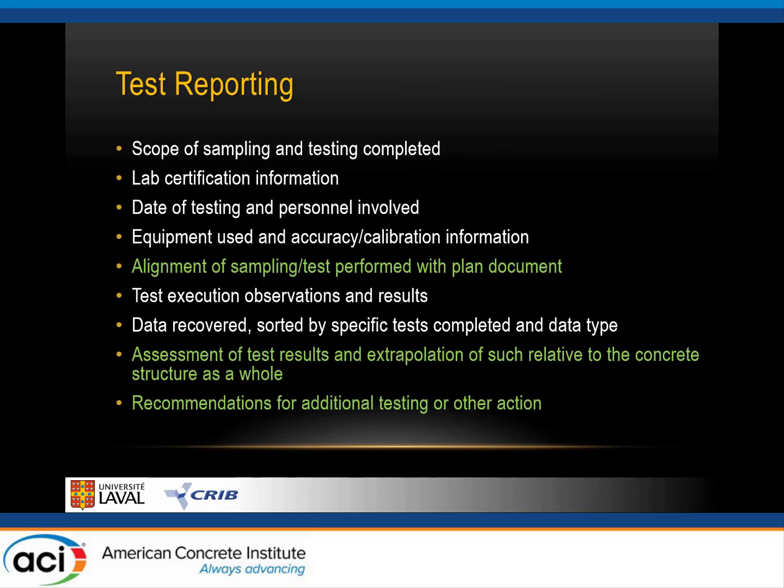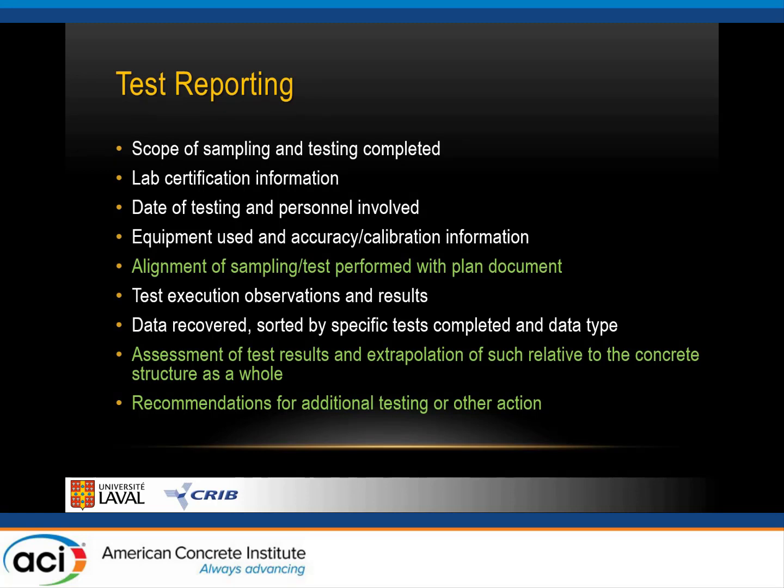So just to close on this, when doing testing, all the typical requirements for test reporting must be observed. But in the present case, there are some aspects we need to insist on, notably the alignment of sampling and testing performed with the plan document, and the assessment of test results and extrapolation of those to the concrete structure being assessed as a whole.